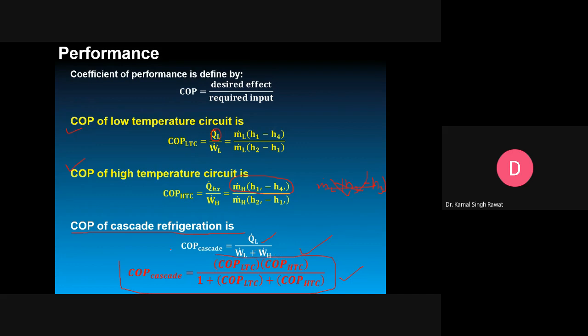This is your assignment: try to derive this COP of the cascade system in terms of the COP of the lower temperature circuit and higher temperature circuit. You have these three equations, and with their help you can derive this expression.